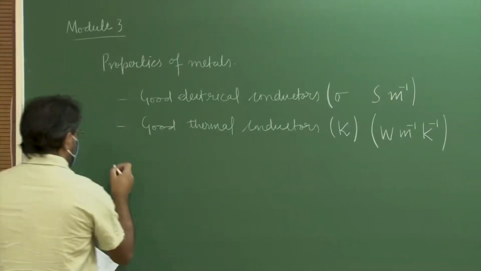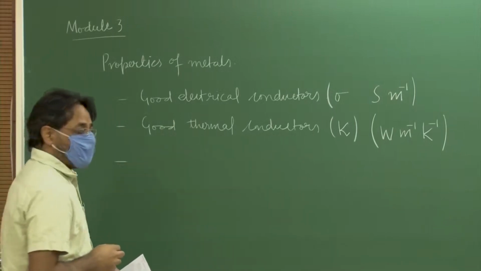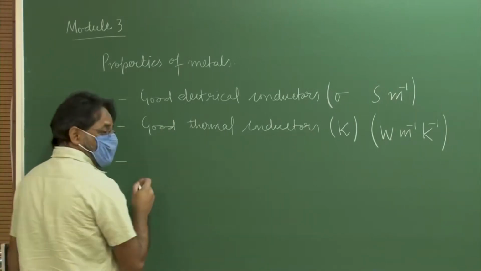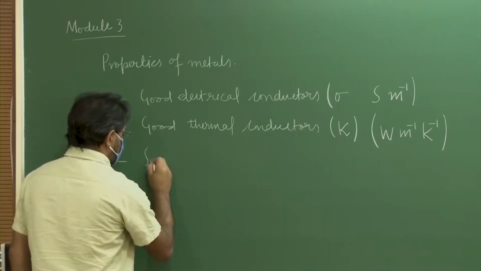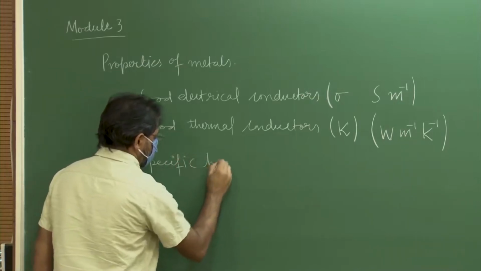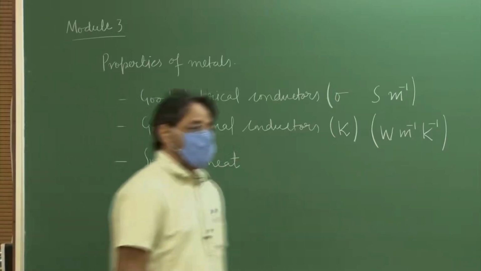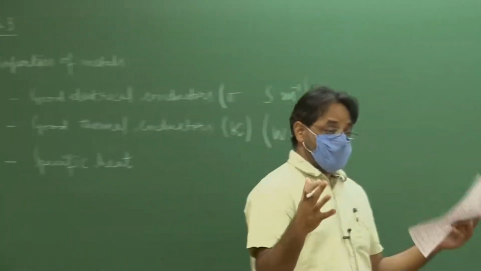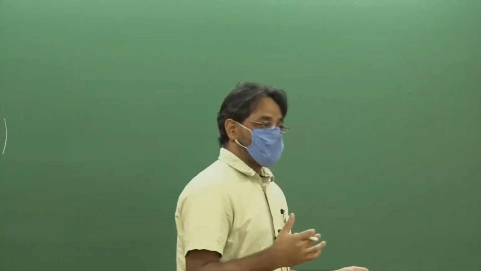So therefore, let me go to the next property, which is related to the thermal property, which concerns the specific heat of metals. Okay. So the specific heat. If you take a real metal like copper, for instance, there is a lattice of copper ions, and then there are these electrons which are called conduction electrons.